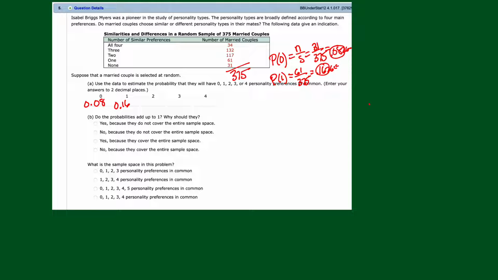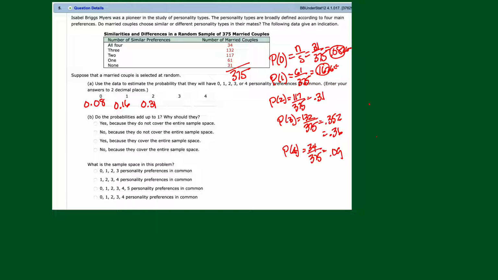Okay, I'll fill the rest of them in so you don't have to watch me do all that. But you can see what I'm doing here. I'm just making a division. So I just computed the rest of these. For 2, I got 117. 117 divided by 375 is 0.31. For 3, I got 132 divided by 375.